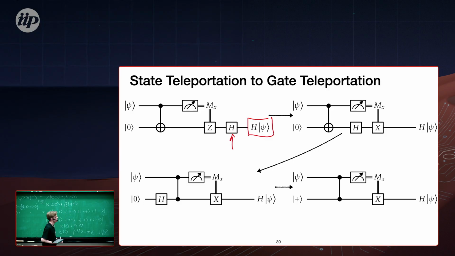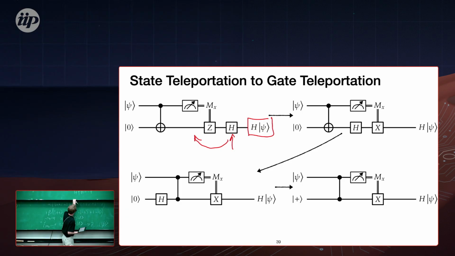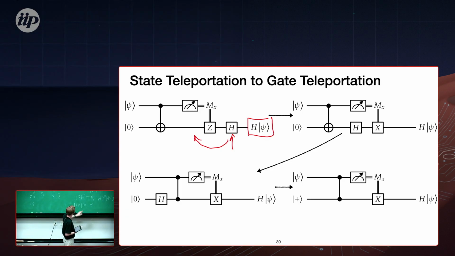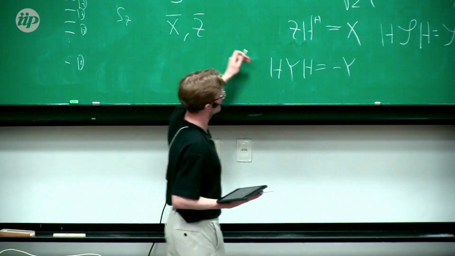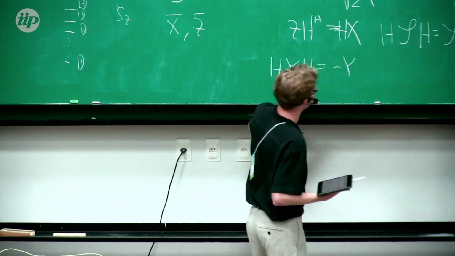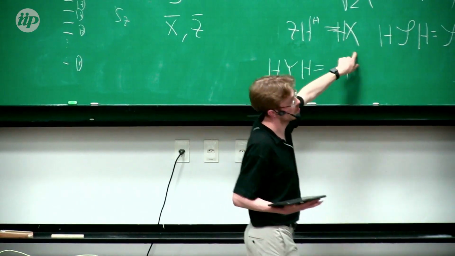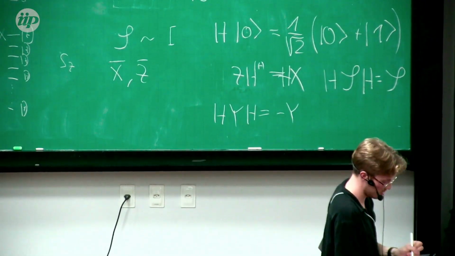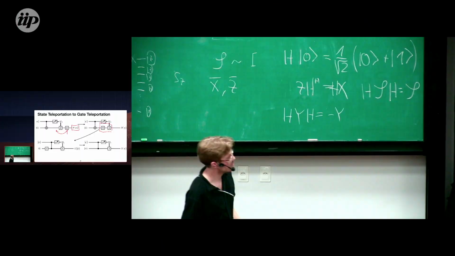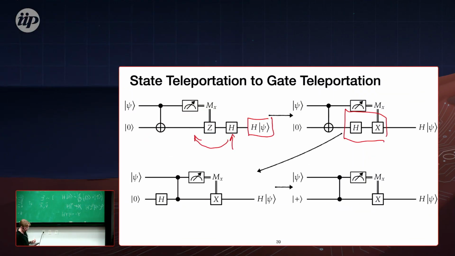Now I pull this Hadamard through the circuit to the beginning. First, I pull it through the Z, and as we've learned here, if I conjugate, if I have a Z with a Hadamard, I can also multiply again from the left with a Hadamard and get Z Hadamard as Hadamard X, which is exactly what you can see here. I can play this game further and push the Hadamard further through.